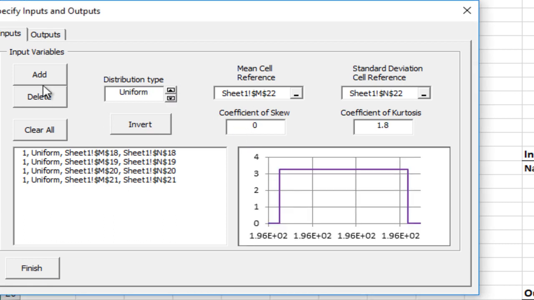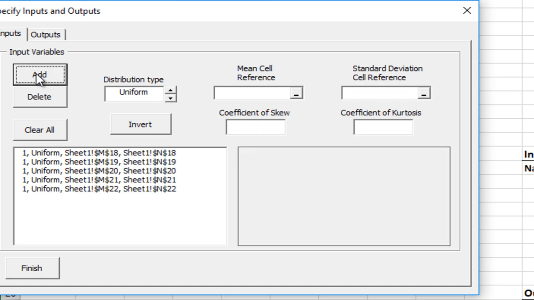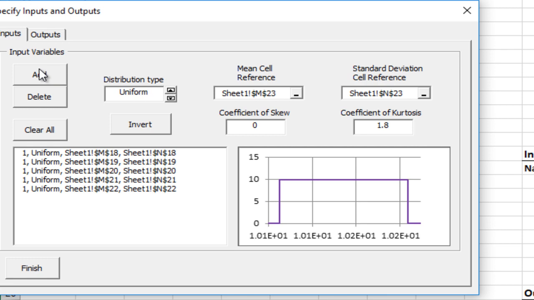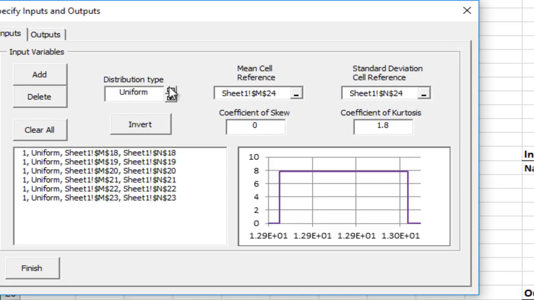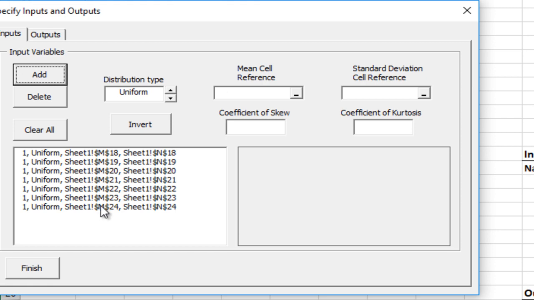Specify each one as a uniform distribution. Add, we'll just double check there.